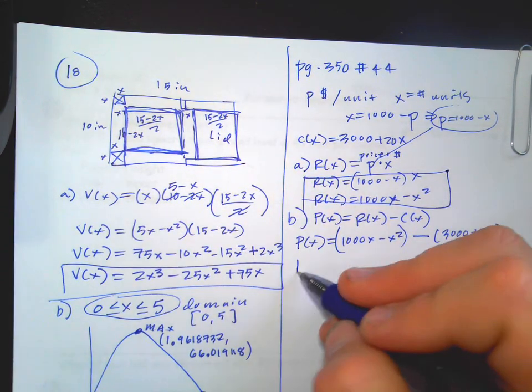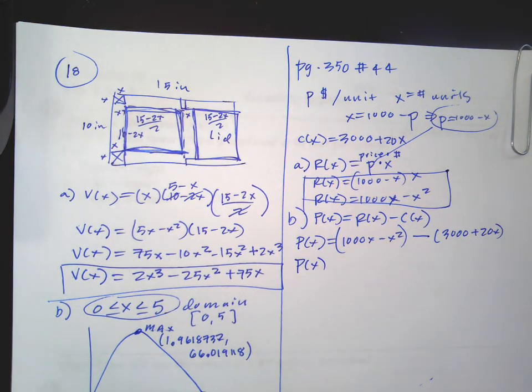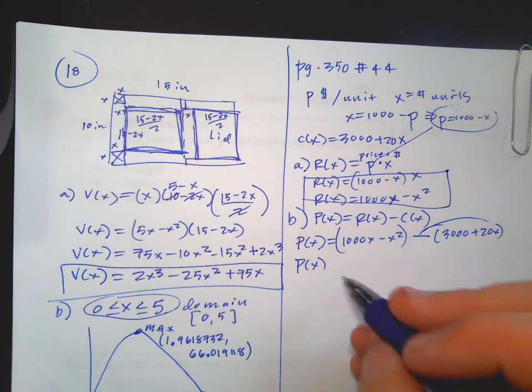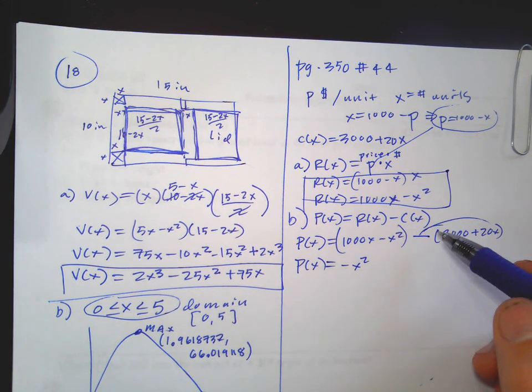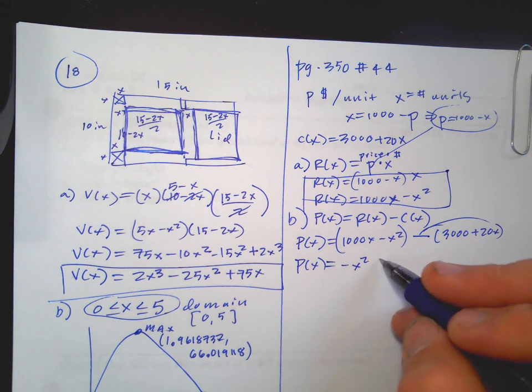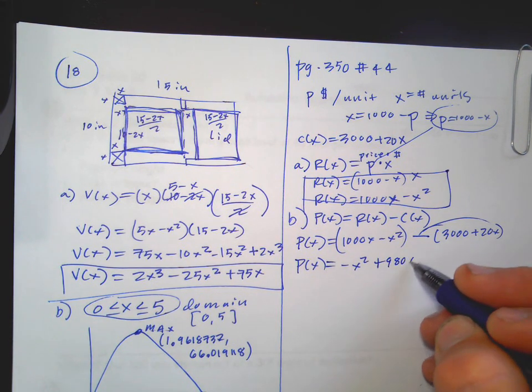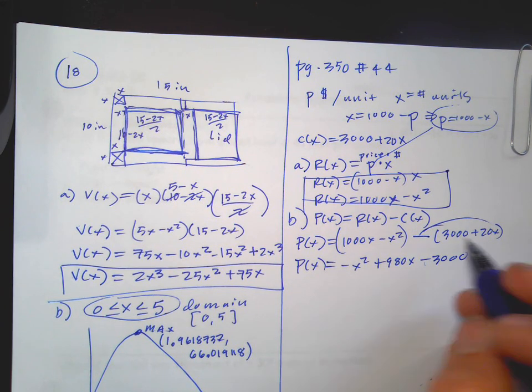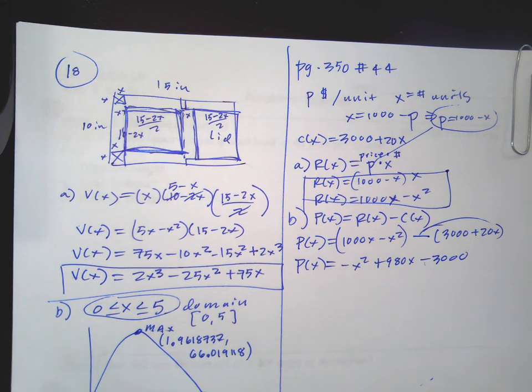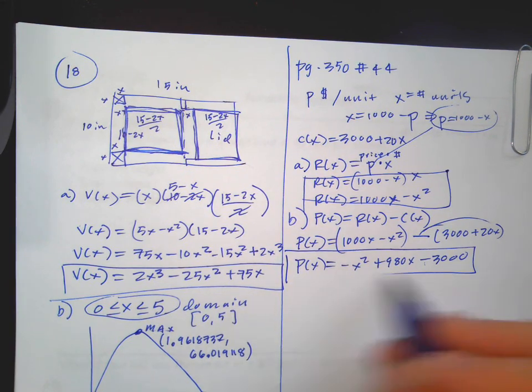So then we simplify, distributing the subtraction: negative X squared, 1,000X minus 20X is 980X, minus 3,000. So that looks good. Profit function.